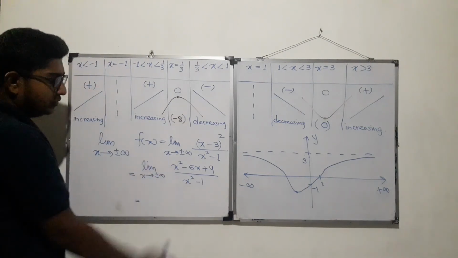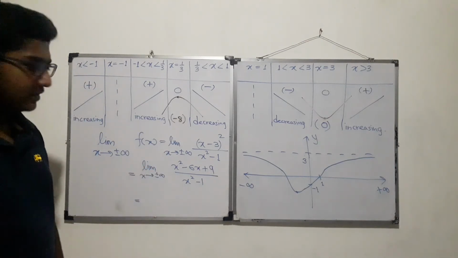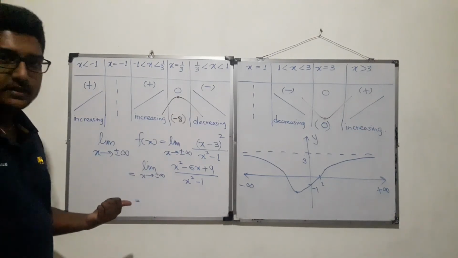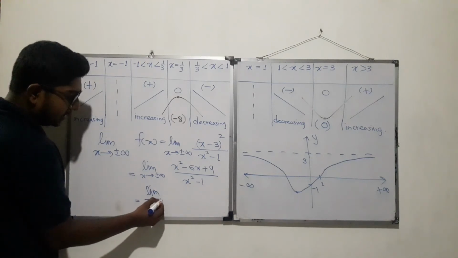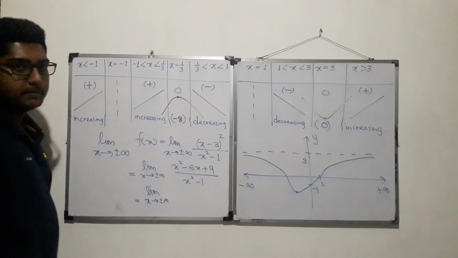From these two, you can see the highest degree for these two functions is 2, that is x squared. That means you have to divide both numerator and denominator by the highest degree of x term, x squared.